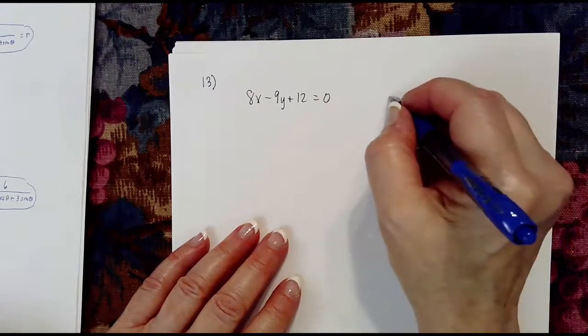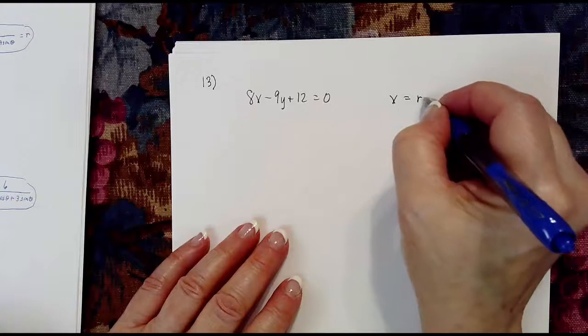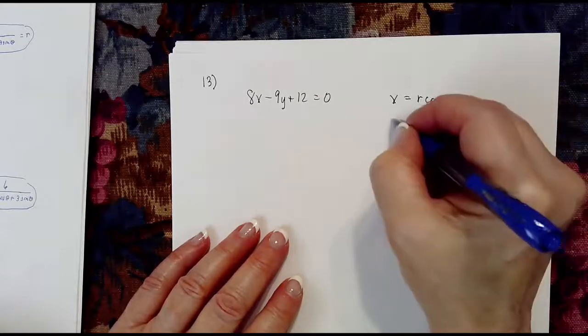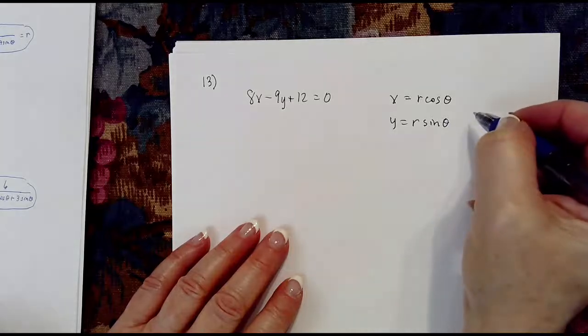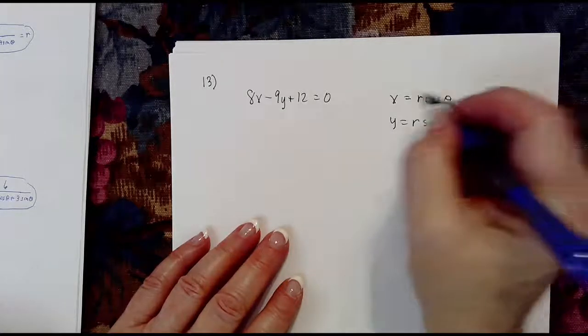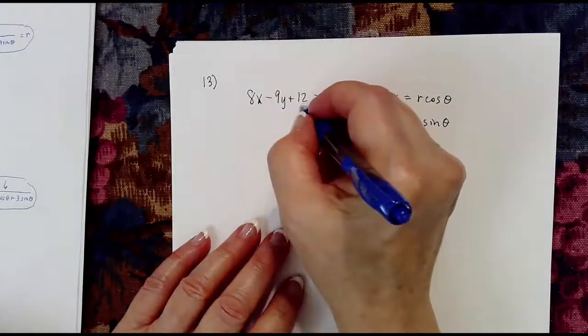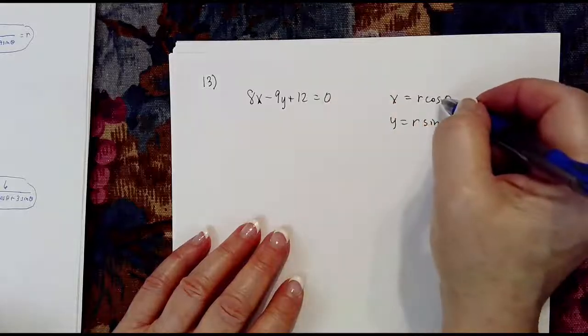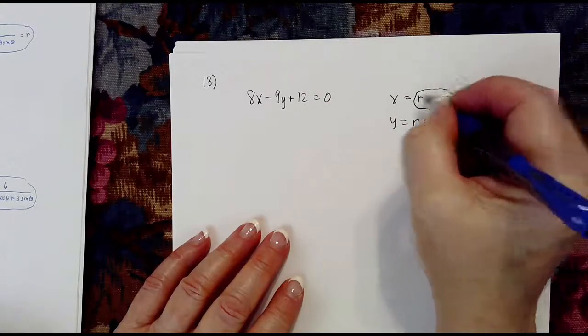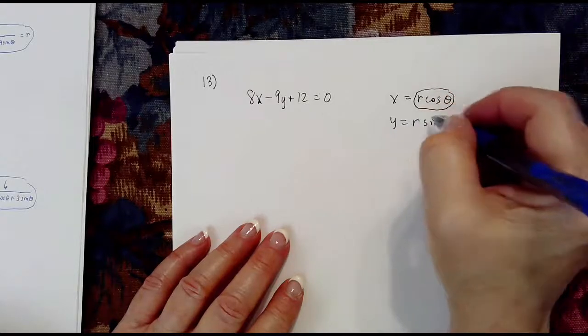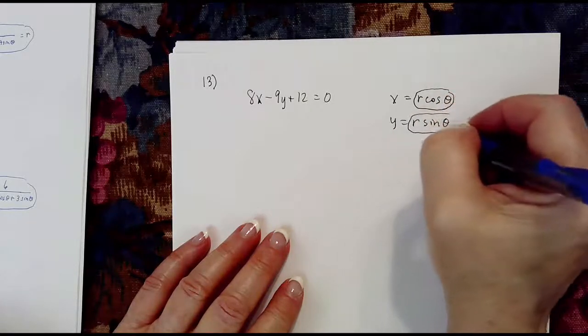Again, we know x equals r cosine theta, and we know y equals r sine theta, right? So what are we going to do? We have an x and we have a y, and we're trying to get them in terms of r's and thetas. So I take r cosine theta and I plug it in for x, and I take r sine theta and I plug it in for y.